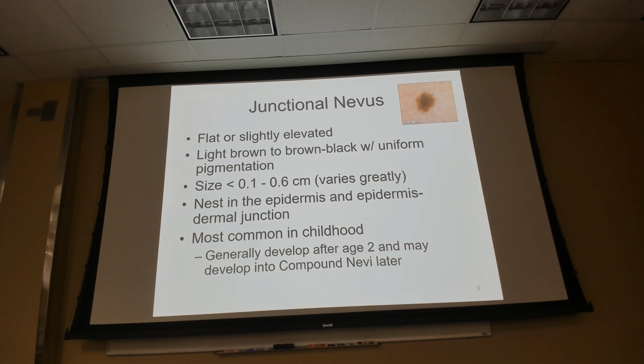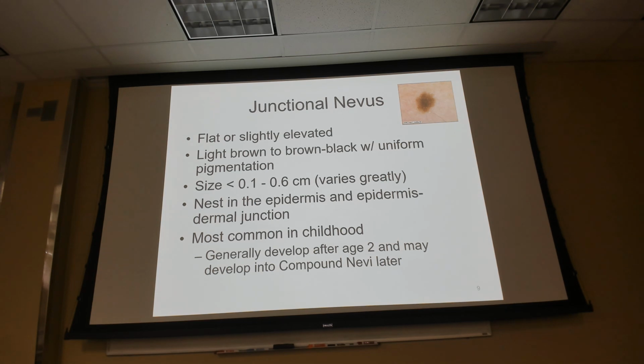As we said, the junctional is flat or slightly elevated, light brown to brown black with uniform pigmentation. So it's uniform. How it looks is how it looks all over. Size varies, okay, but usually it is 0.1 up until 0.6 centimeters. This is all in the epidermis and at the epidermal to dermal junction. So it's right in there. Most common in childhood.